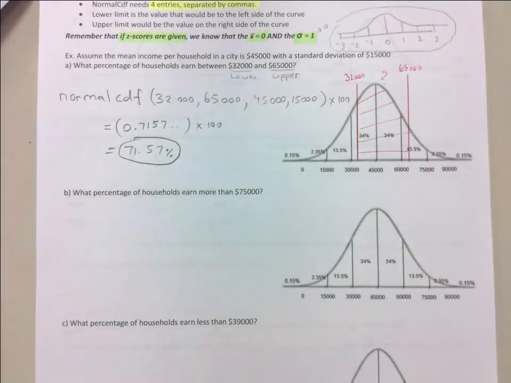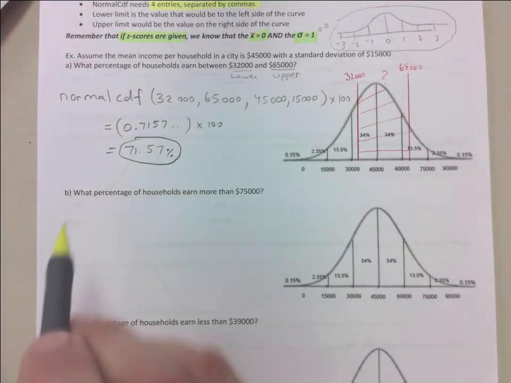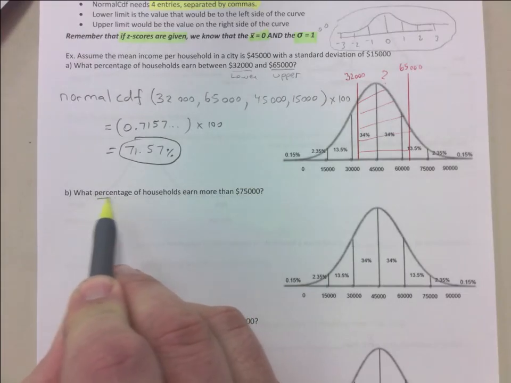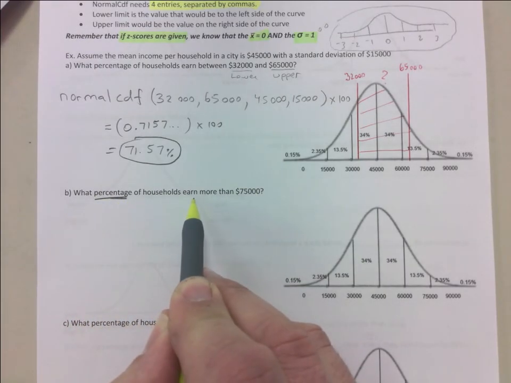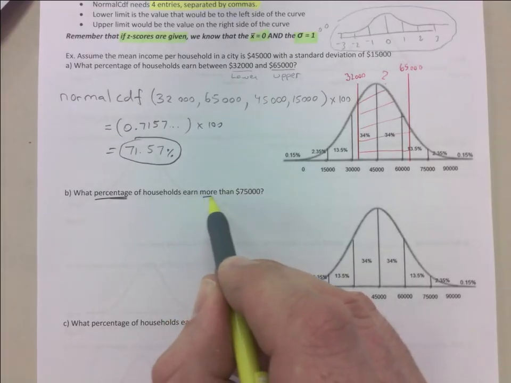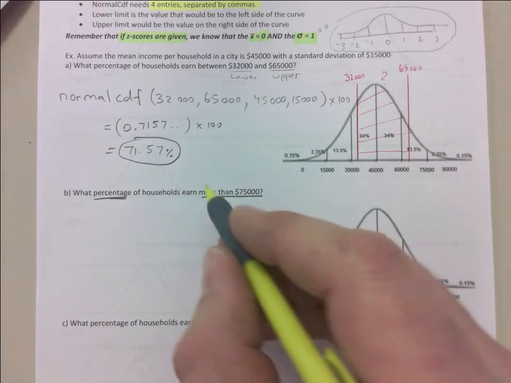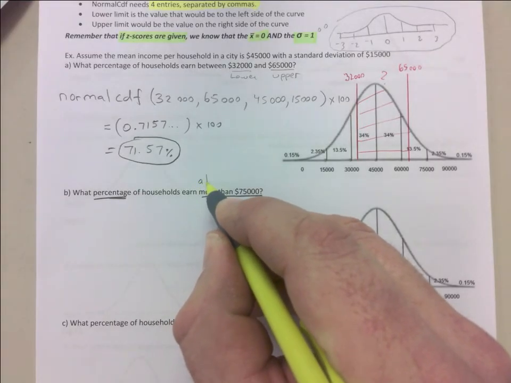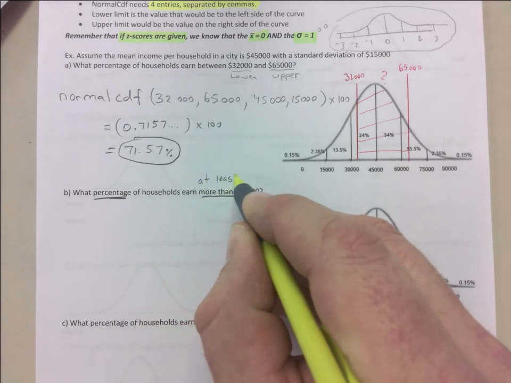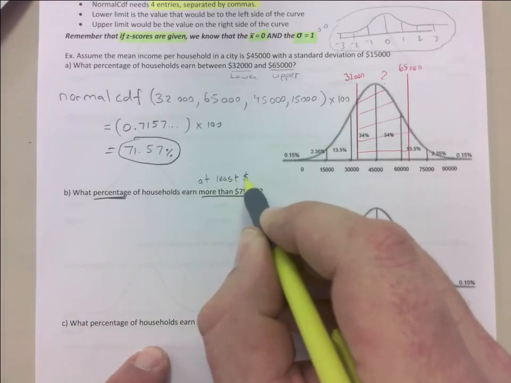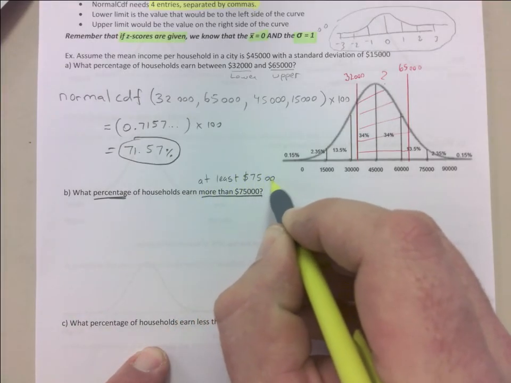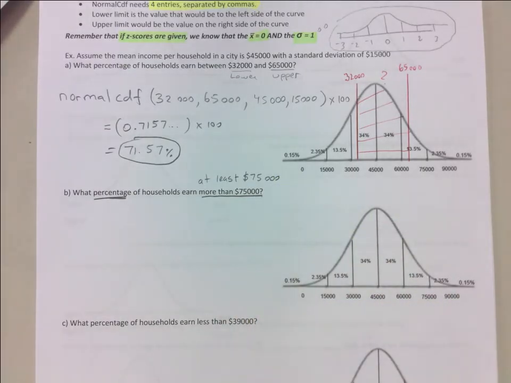Here's where it changes a little bit, okay? Watch this. What percentage of households earn more than 75,000? More than 75,000. Can I write down at least? I could easily have used the words at least 75,000. You need to become comfortable with that kind of wording.